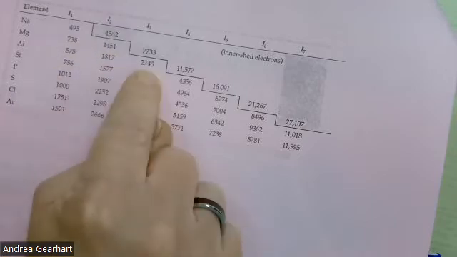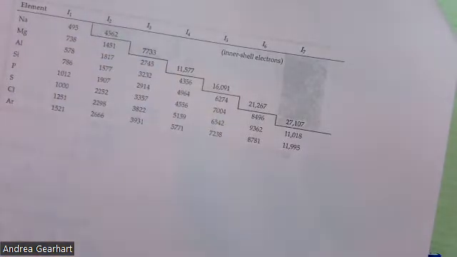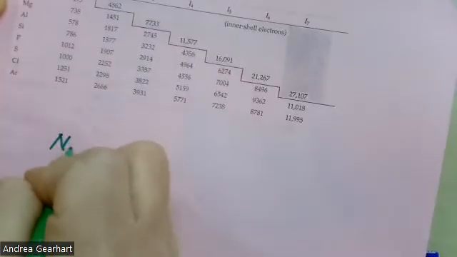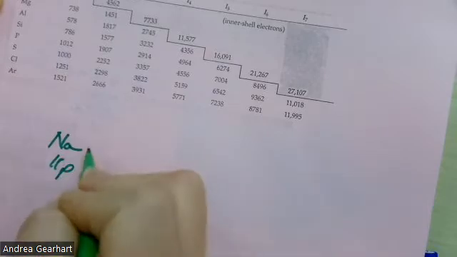Does it make sense that as we move left to right, our numbers increase? As you remove consecutive electrons, more energy is required to remove electrons. Sodium, 11 protons.